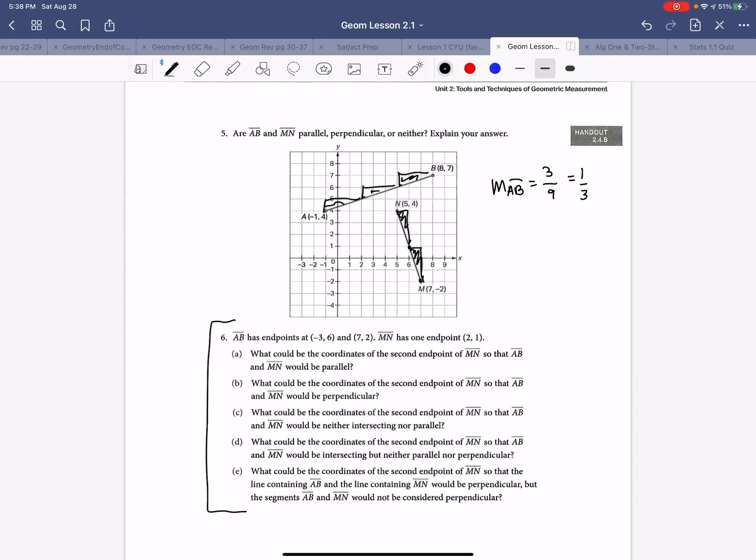So this slope is fall 1 over 3, fall 3 over 1. So the slope of NM is fall 3 over 1. Those are opposite reciprocals. Yes, this is perpendicular because their slopes are opposite reciprocals.